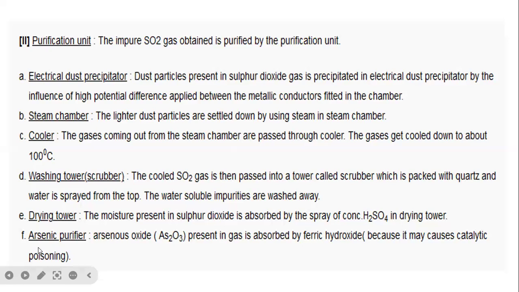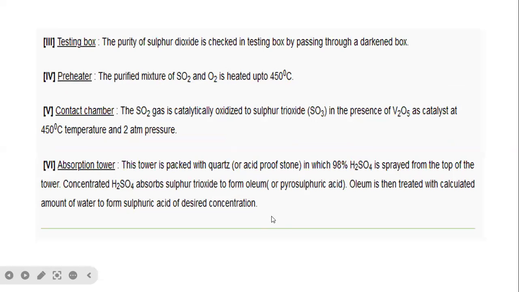Drying tower, where the moisture present in the sulfur dioxide is absorbed by a spray of concentrated sulfuric acid. Arsenic purifier, where the arsenic present is absorbed by ferric hydroxide because it causes catalytic poisoning. Testing box, where the purity of the sulfur dioxide is checked through a darkened box.